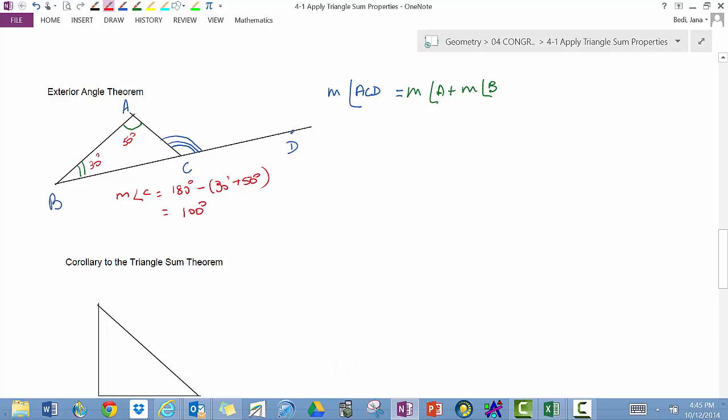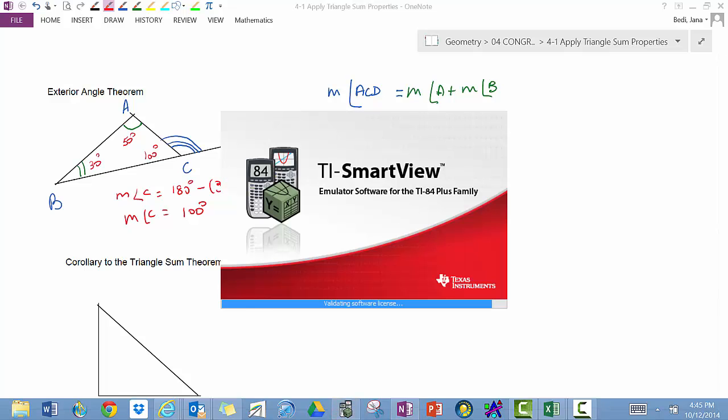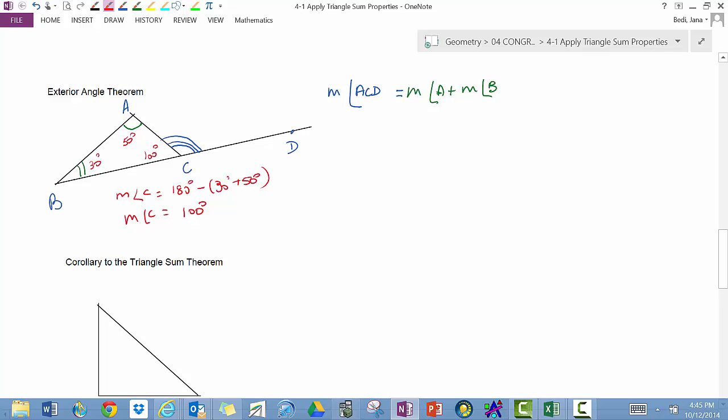So that is this angle. Well, if this is 100 degrees, then the angle next to it, angle ACD, the adjacent angle, is 80 degrees, which equals 50 degrees plus 30 degrees. So an exterior angle equals the sum of the two remote interior angles in a triangle.